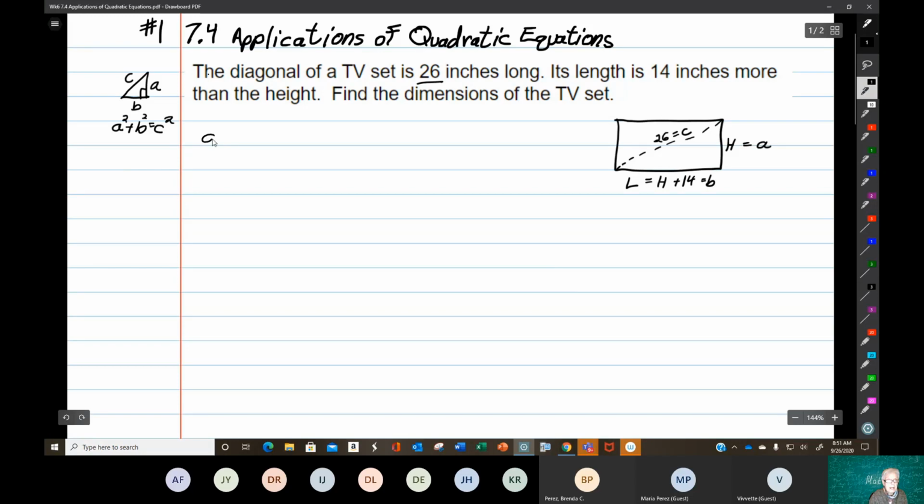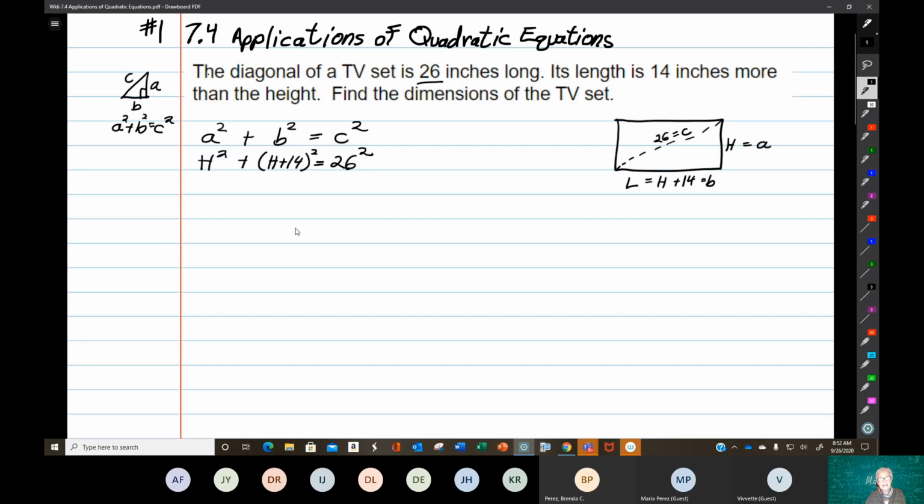So we're going to have A squared plus B squared equals C squared, h squared plus (h plus 14) squared equals 26 squared.